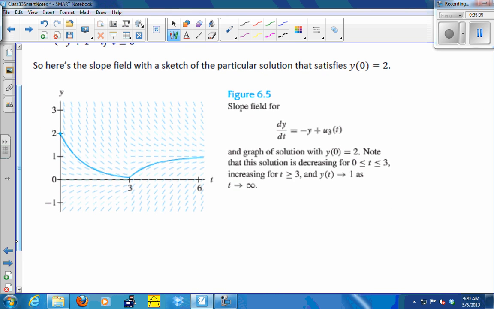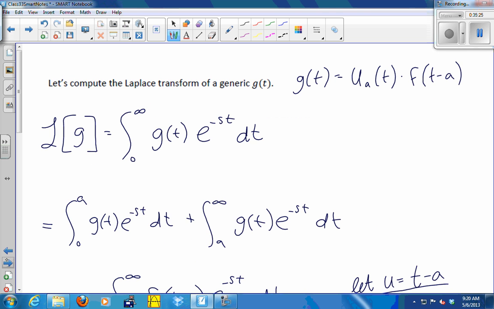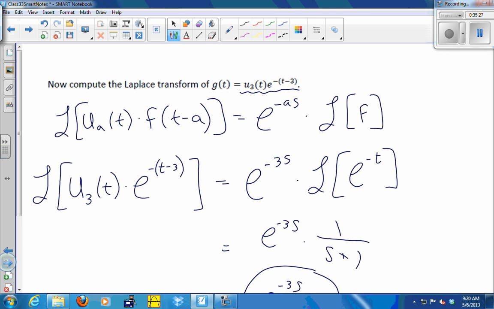This definitely looks like exponential decay from 0 until as I approach t equals 3. Okay, so I have the first part correct. And then after that, it looks like my function increases and has an asymptote at 1, increasing towards an asymptote of 1. Let's see what the analytic solution tells us.